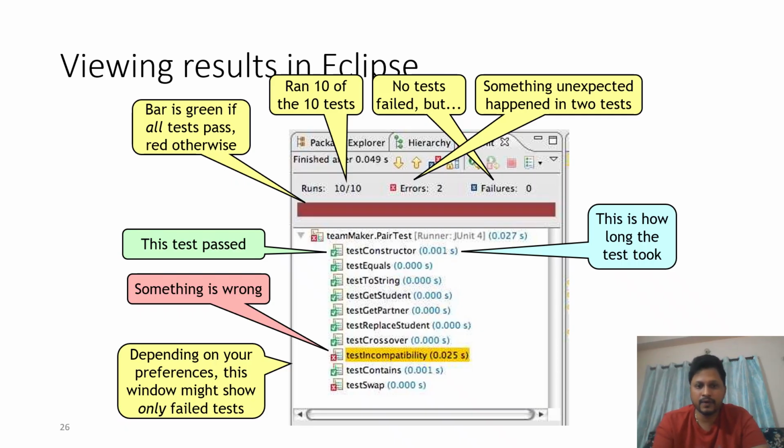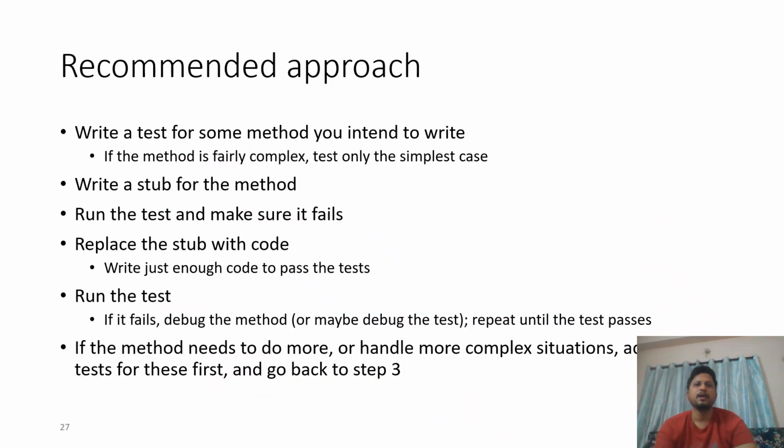Okay, depending on your preference in this window you might show only failure test cases here, if you see. And what are the recommended approaches for writing these particular test cases? As we mentioned, when writing a test case for some method you intend to write, if the method is fairly complex, test only with the simplest test cases.